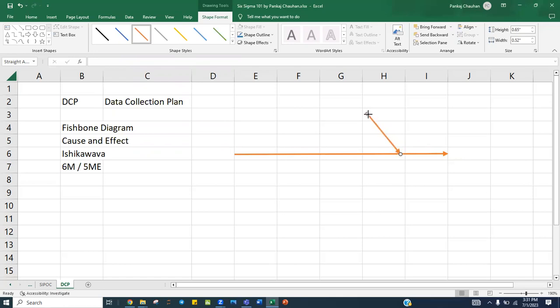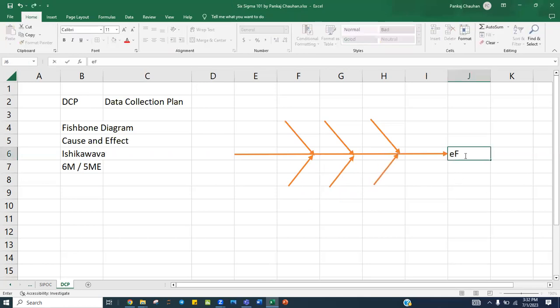We are going to name these branches out of the 6M: 1, 2, 3, then I'm turning this to this side, 4, 5, and 6. You can see it looks like a fish. On the head side, you will have the effect, and on the other side, we will have cause 1, cause 2, cause 3, cause 4, cause 5, cause 6.